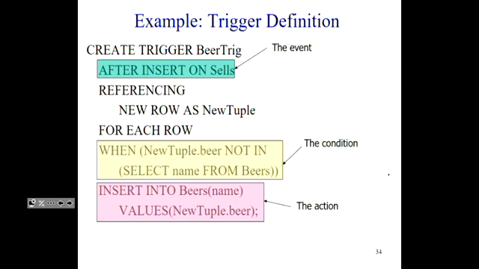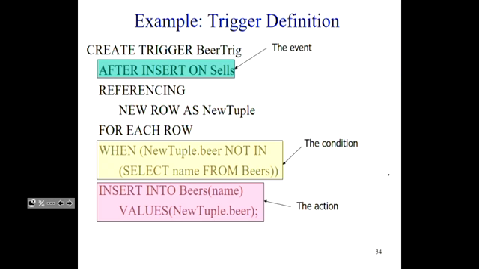Finally, you have the action. The action is, you go ahead and insert a beer tuple into the Beers relation. Implicitly, the manufacturer value is set to null because it is not listed among the attributes for that relation. So you're only assigning the new value of beer to name. You're not talking about the manufacturer, so the manufacturer is set to null.